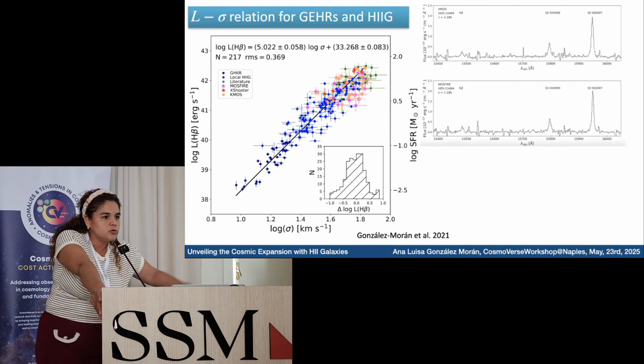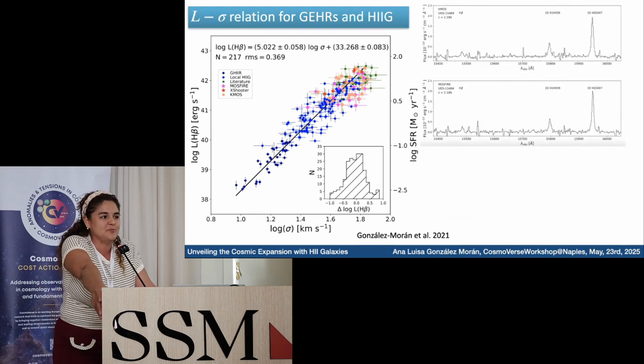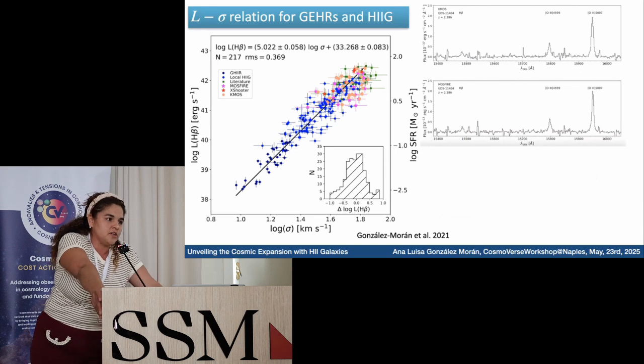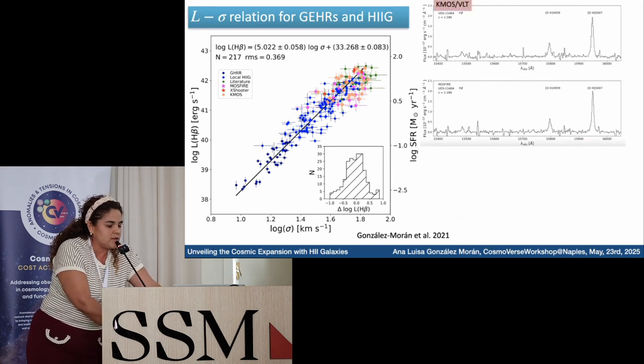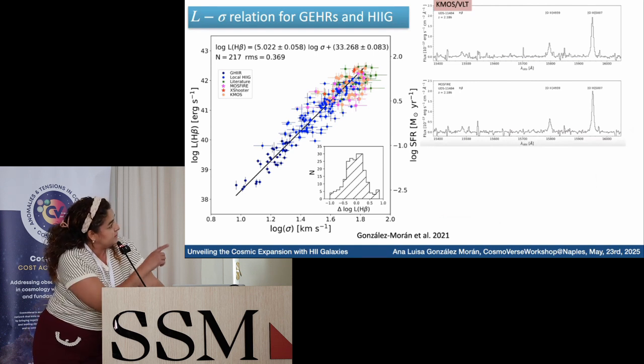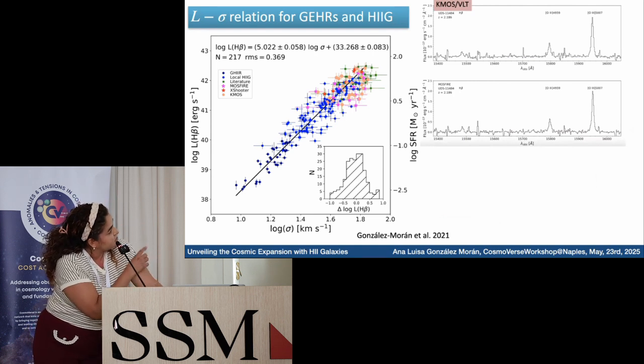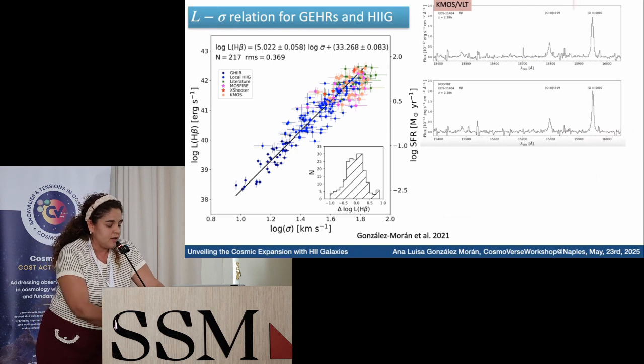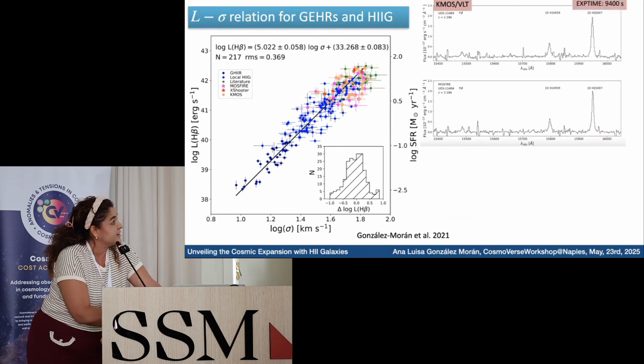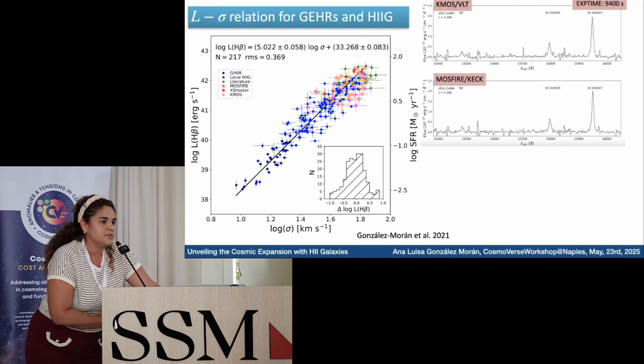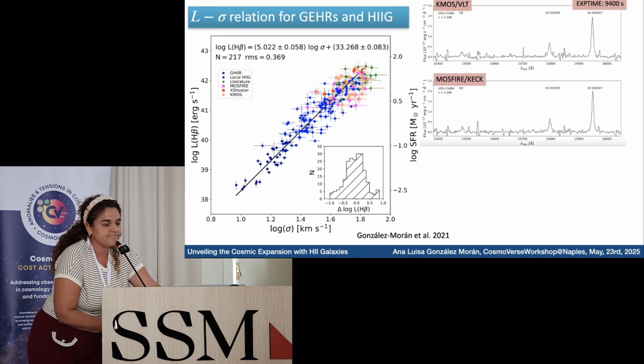Okay, but when we go to the intermediate redshift sample, here are the spectra that we are observing. On the top panel, with VLT KMOS, we can see the oxygen lines and also the H beta emission line. This is a target at redshift 2.2, and in the bottom panel is the same target but observed with MOSFIRE at Keck.